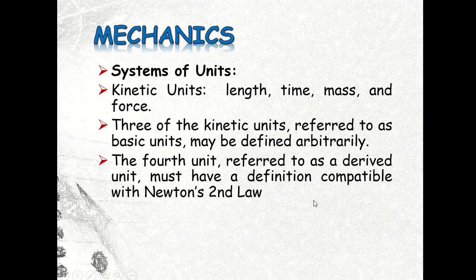So what is that Newton's second law? That is given in this formula. The vectorial force is equal to the mass times the acceleration, that is also in vector form. So force equal to mass times the acceleration.